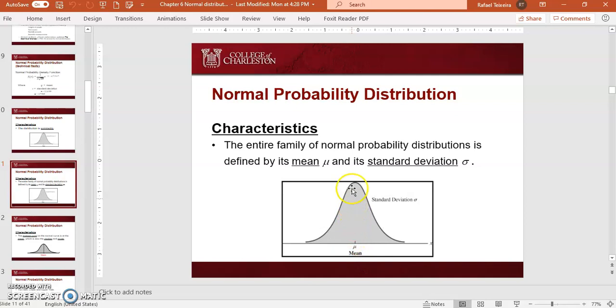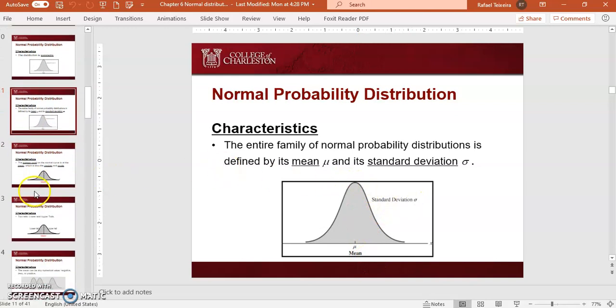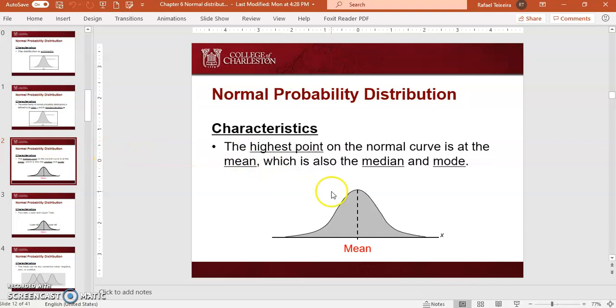One parameter is the mean, and the other parameter is the standard deviation. Remember, we talked about mean and standard deviation in chapter 3. Another characteristic is that the mean is at the highest point of the distribution, which is in the center. So this is the highest point. Here is where most values in the distribution occur.